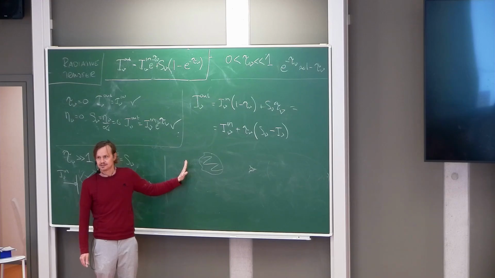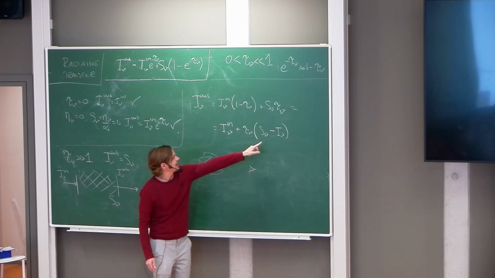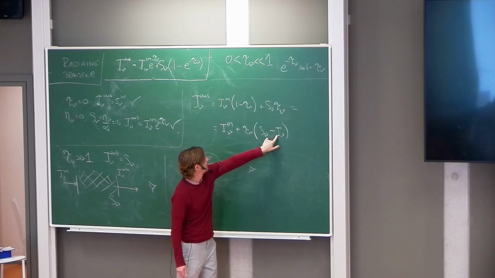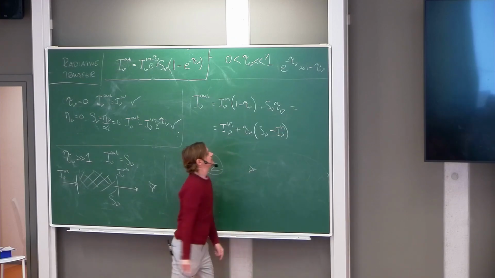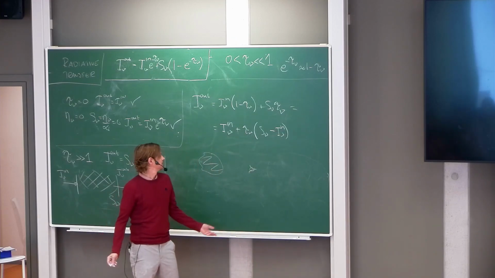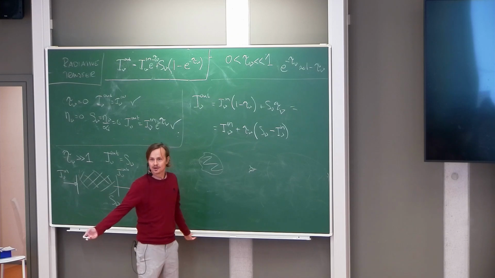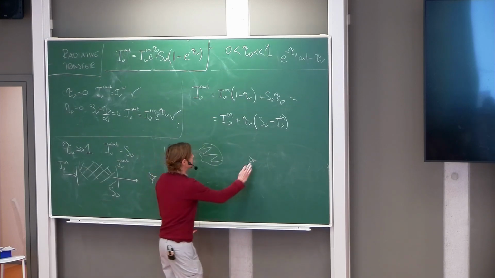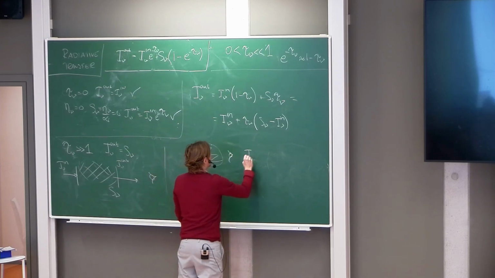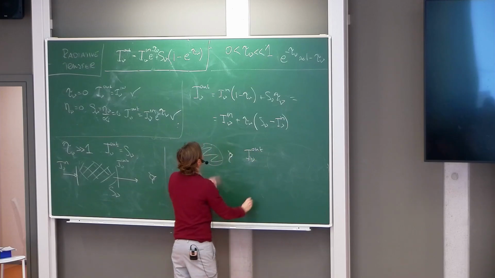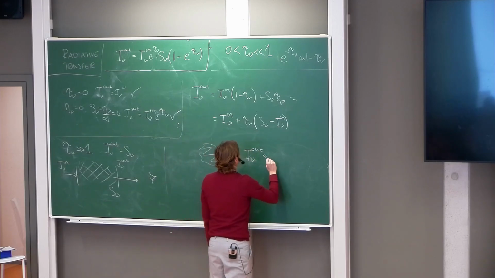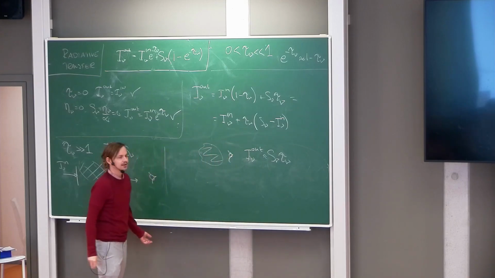Then I_nu in is 0, that we can agree on, I hope. And what will we see from such a situation? Well, I_nu out is going to be approximately the source function times tau_nu.